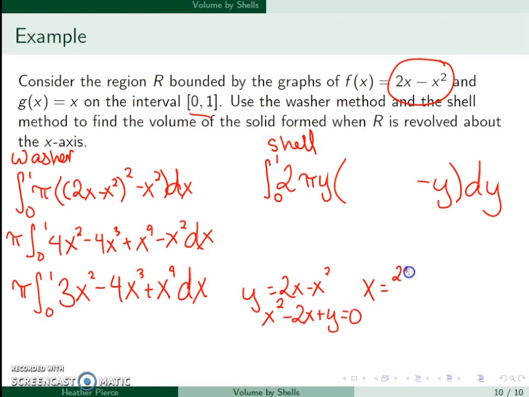We get 2 plus or minus the square root of 4 minus 4y all over 2, which will end up reducing to 1 plus or minus the square root of 1 minus y. So then we have to figure out if we want the positive or the negative here. And so you can see that this is more complicated. Sometimes the shell method will be a lot easier, and other times the washer method will be much easier.